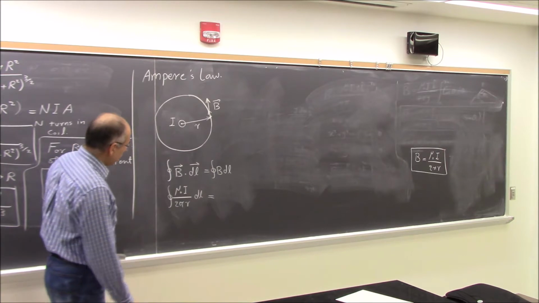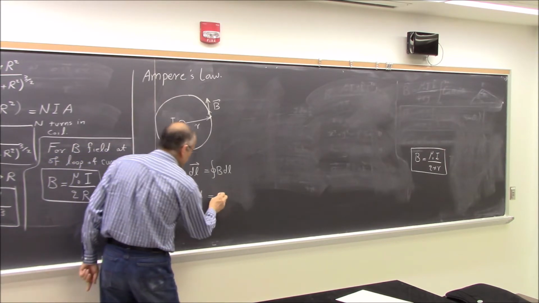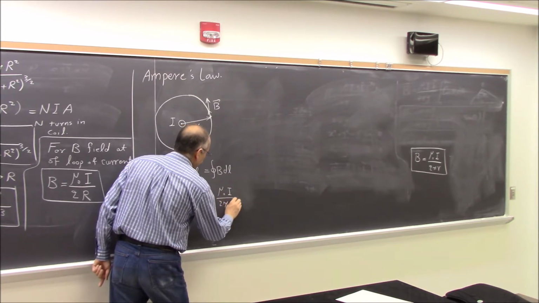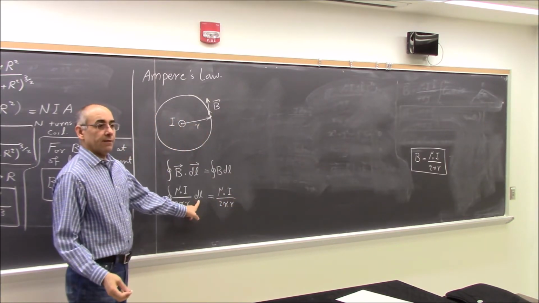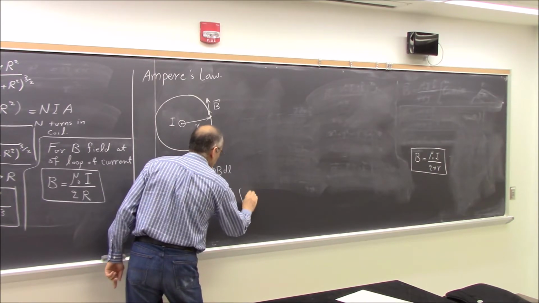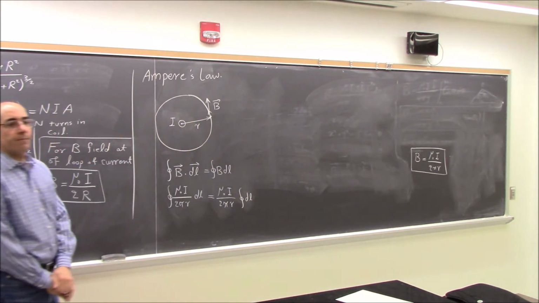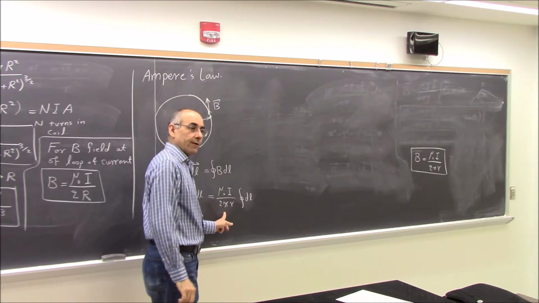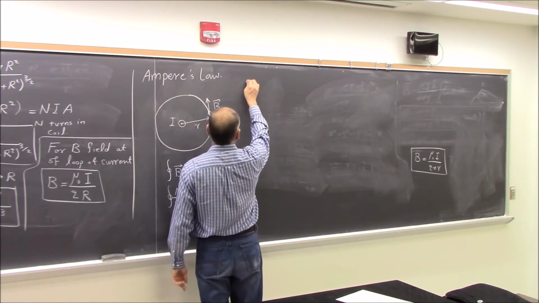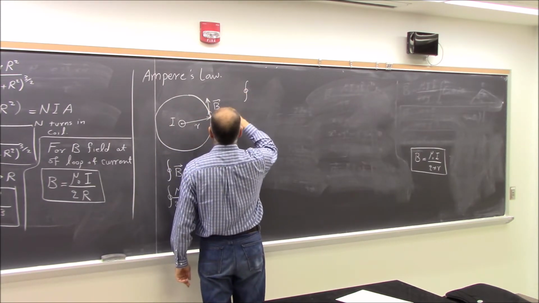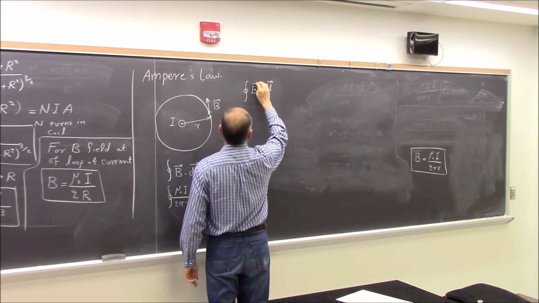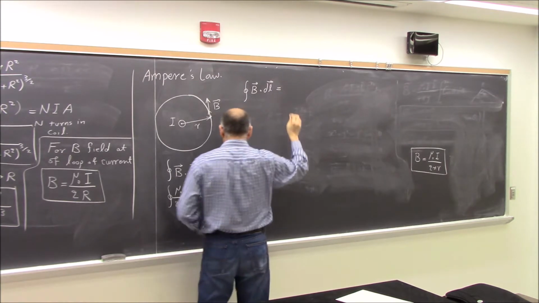This will be mu naught I over 2 pi r times the integral of dl over the circle. What is the integral of dl? 2 pi r, right? So the 2 pi r cancels out. So the integral over this circle of B dot dl is equal to mu naught times I.